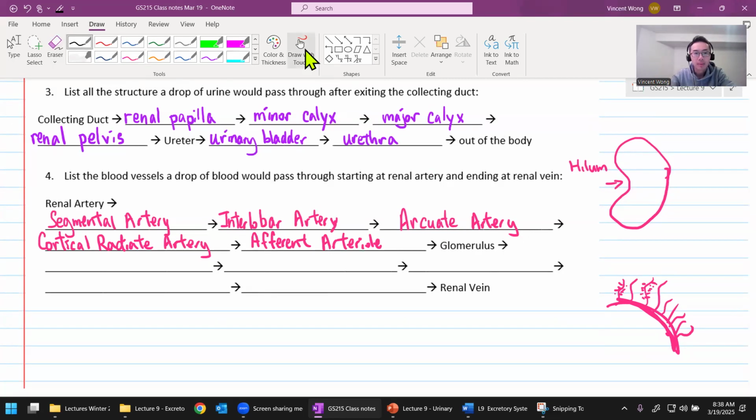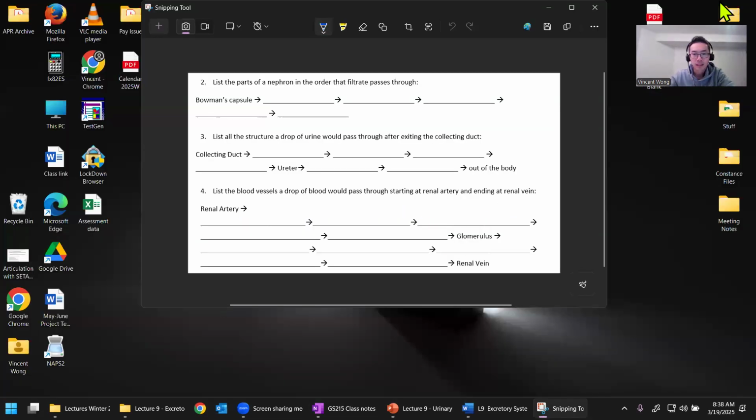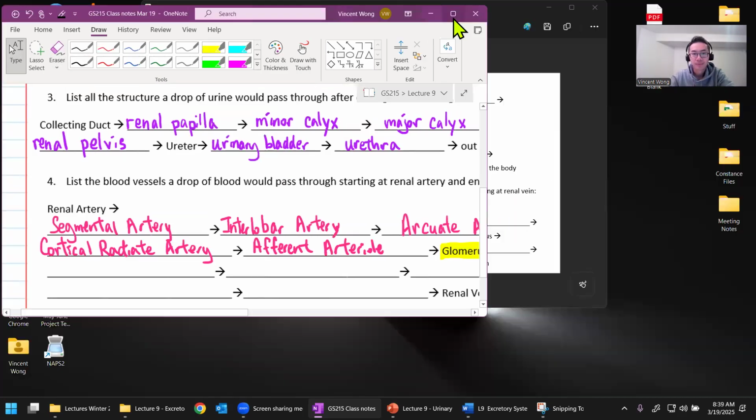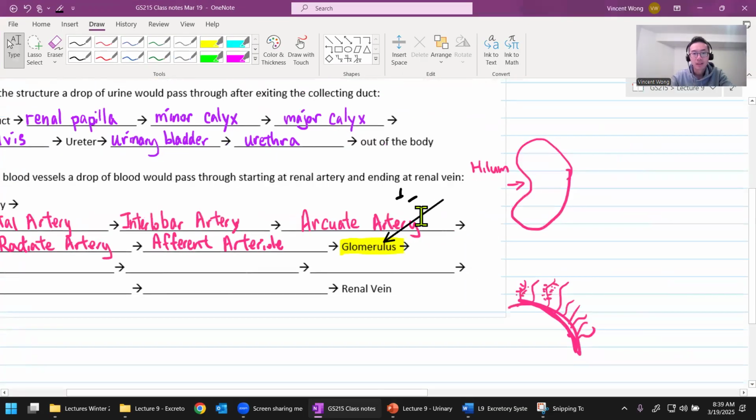I'll maybe make a quick note here for you. The glomerulus, its blood vessel, is not part of the nephron, but it is inside of the Bowman's capsule.